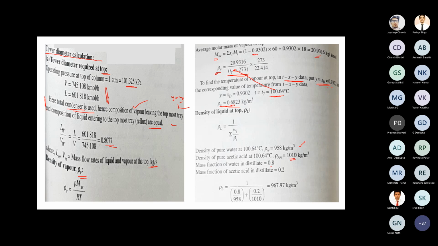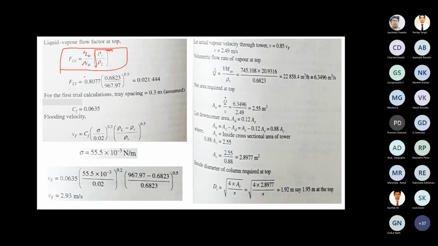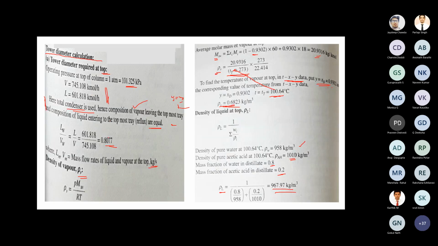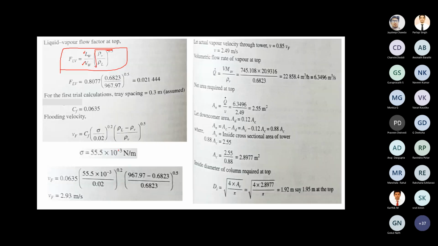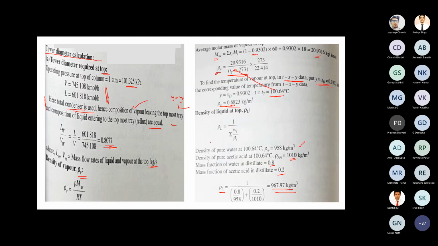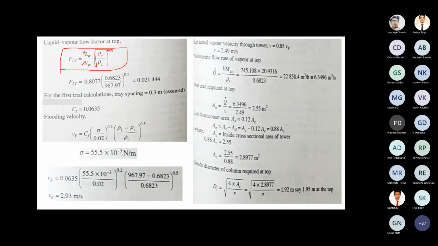The mass fraction of water in the distillate is 0.8, and acetic acid is 0.2. So you can easily calculate rho L. Rho V is known, rho L is known, LW by VW is known. Substitute everything: this is 0.8077 into root of rho V, 0.6823, by rho L, 967.97. So this is the FLV.